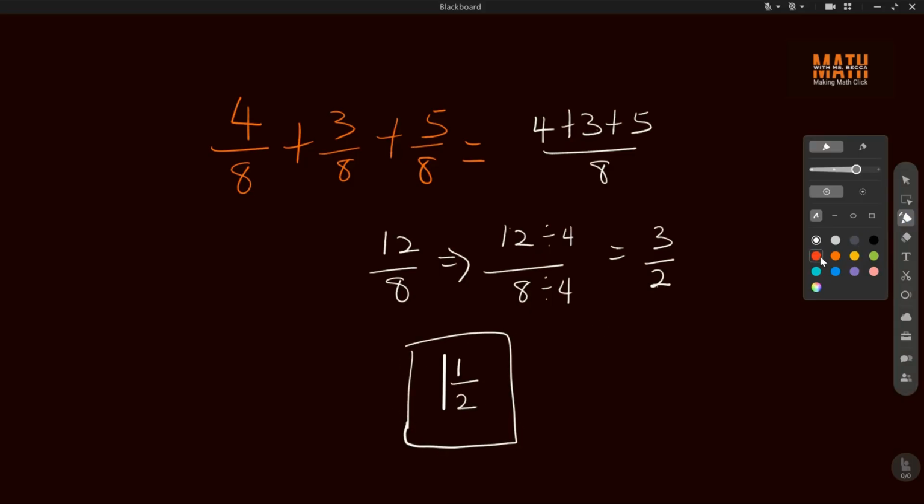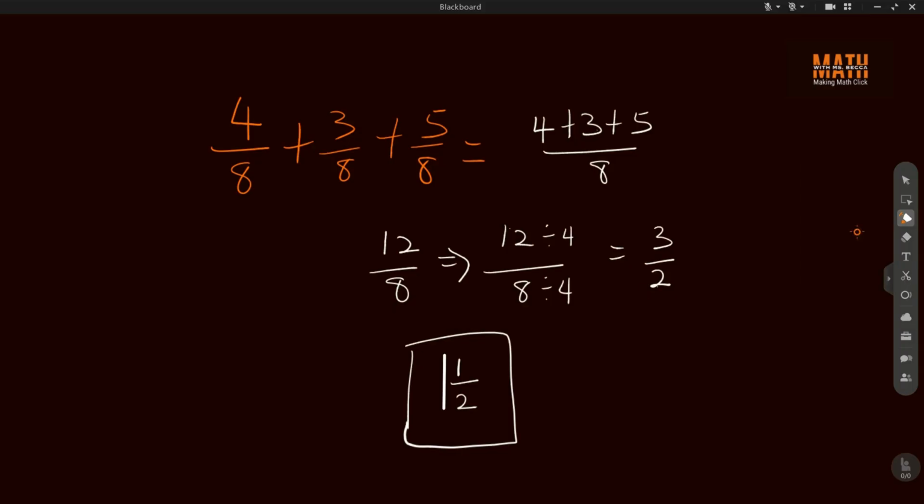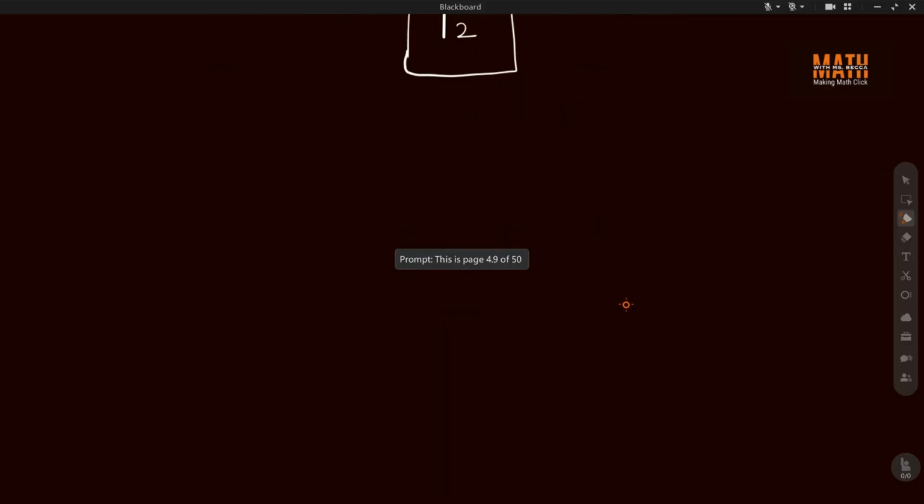Now you add these three fractions together. What will the answer be if you add 7/12 plus 2/12 plus 1/12? What is the answer?